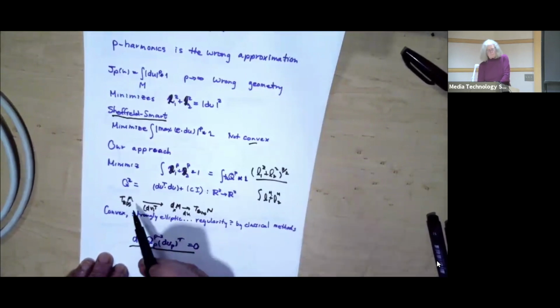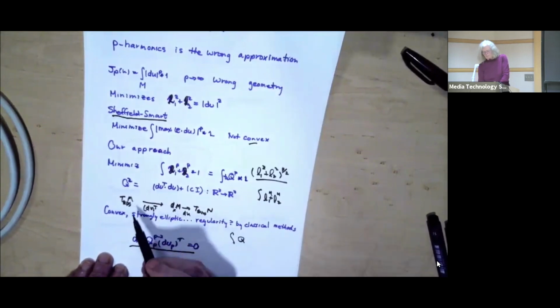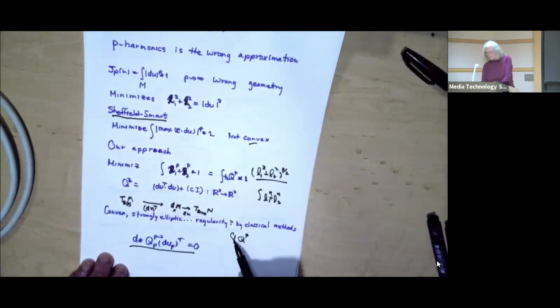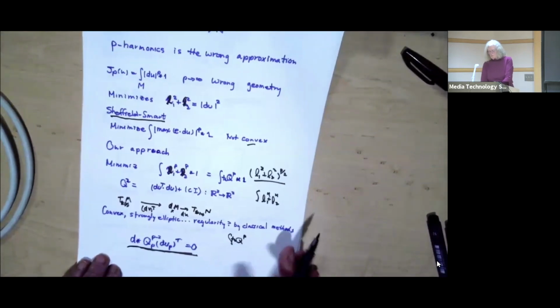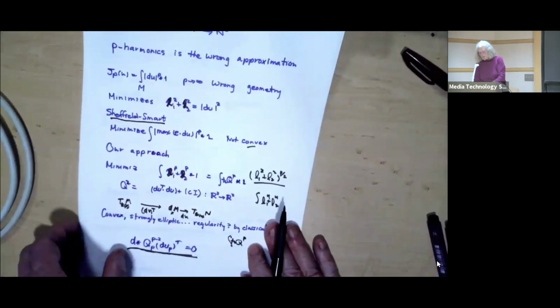And that's Q. So what you want to do is take the integral of the trace of Q to the p, and you get an Euler-Lagrange equation that looks like this. Q appears in here as a matrix.